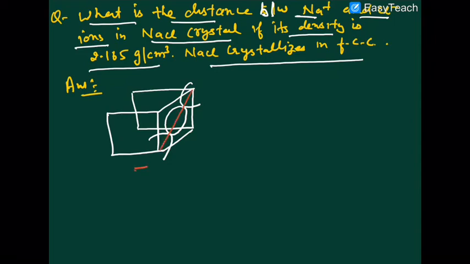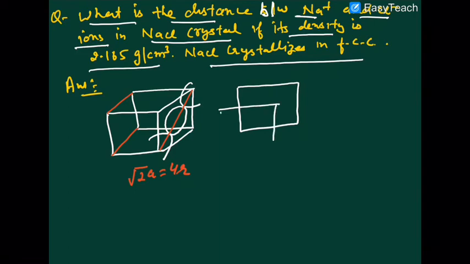Then the face diagonal, that is root 2a equal to 4r, is the answer. Okay, sure. But if you take a picture like that, chloride ion is at the face, they are touching each other, and in between that, you have a sodium cation here.